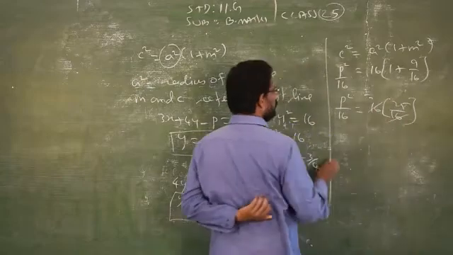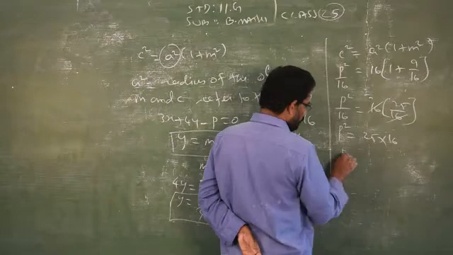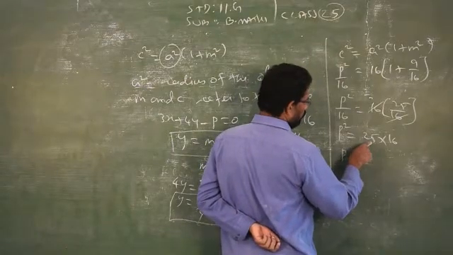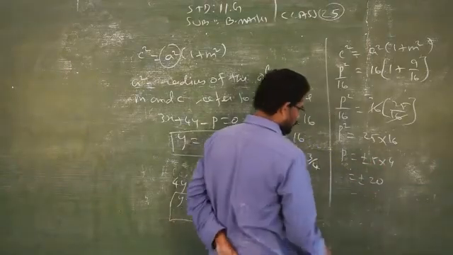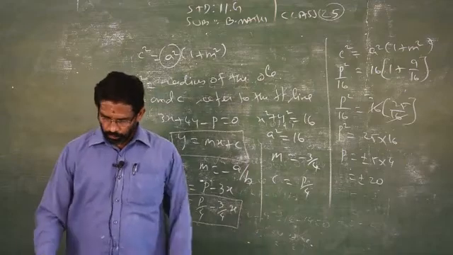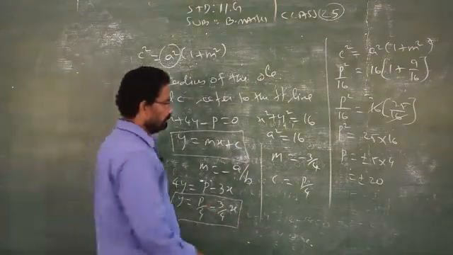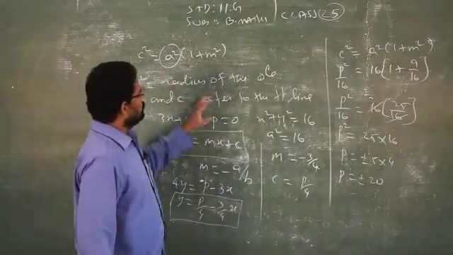So the 16 gets cancelled, and you get p square equal to 25 into 16. p is equal to plus or minus the square root of 25, which is 5, times the square root of 16, which is 4, so we get plus or minus 20. So p is equal to plus or minus 20. Clear? So this is very simple.